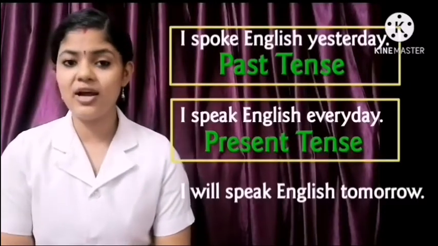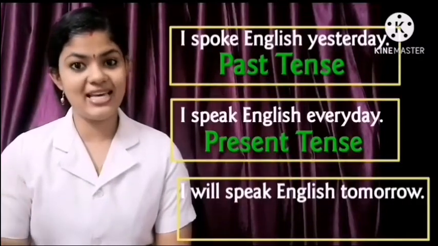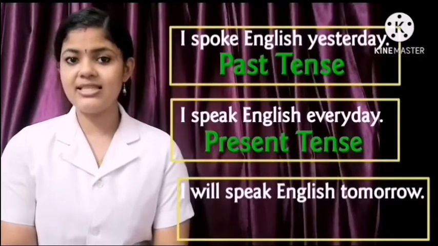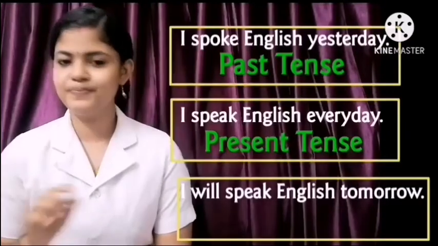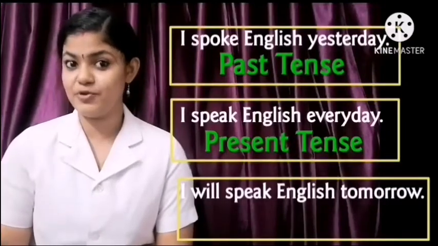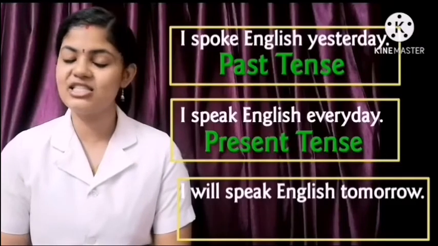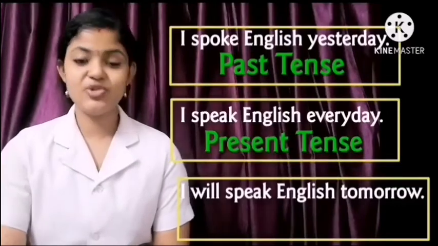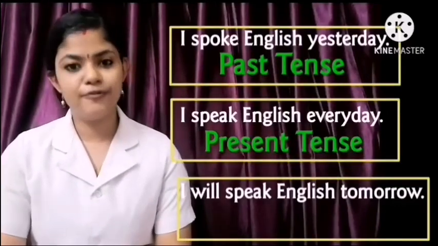And the next one, I will speak English. Am I speaking English right now? No, I will speak from tomorrow. So that action is not happening right now and it will happen in the future. So this statement is in future tense.